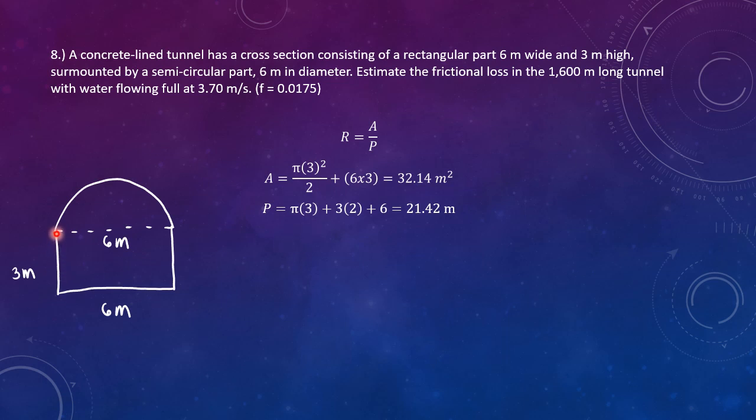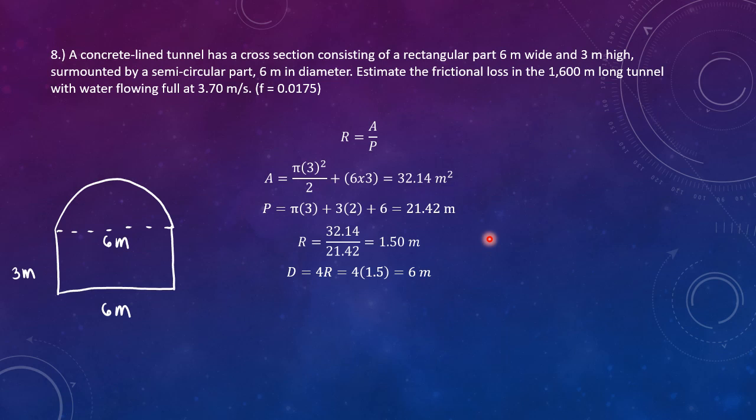And for the wetted perimeter of the rectangle, we have twice 3 meters plus 6 meters. Therefore, the wetted perimeter is equal to 21.42 meters. Solving for R, that is equal to 1.50 meters. And solving for D, that is 4R, which is equal to 6 meters.